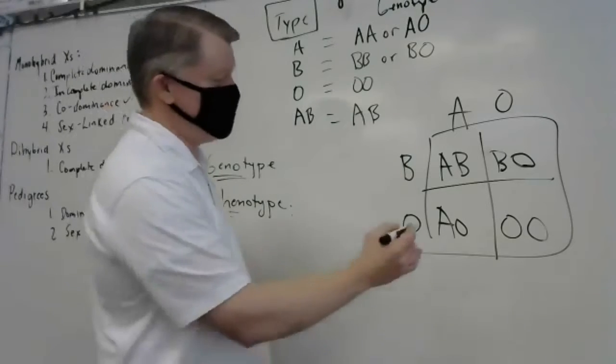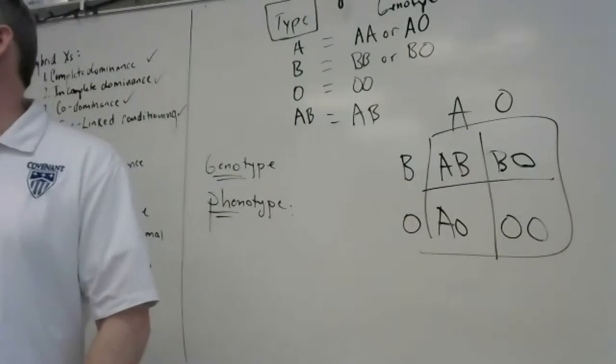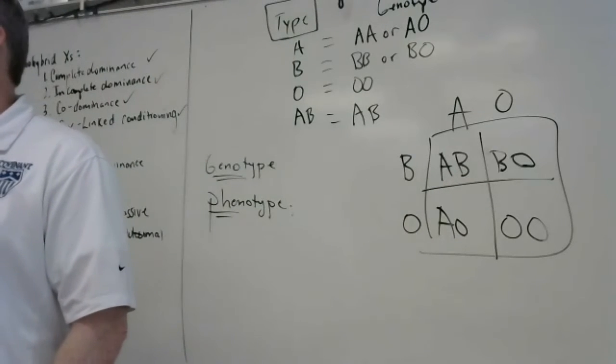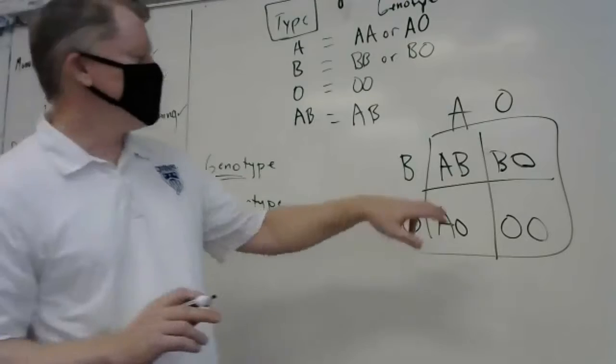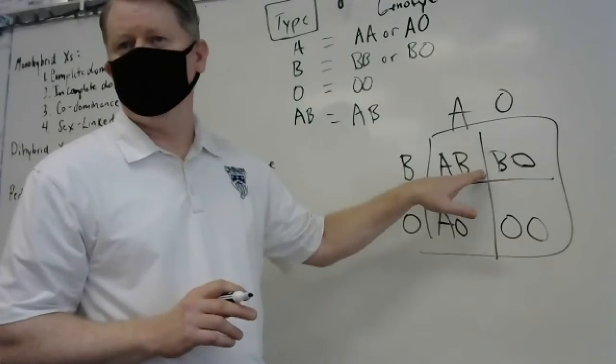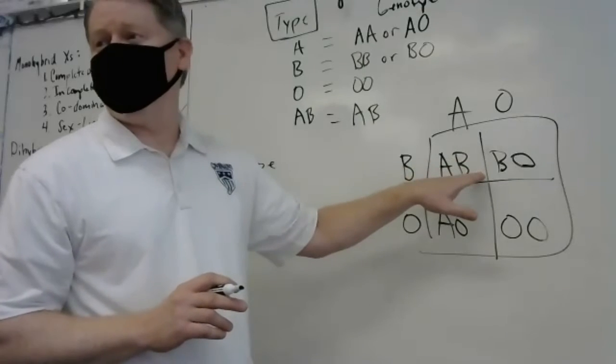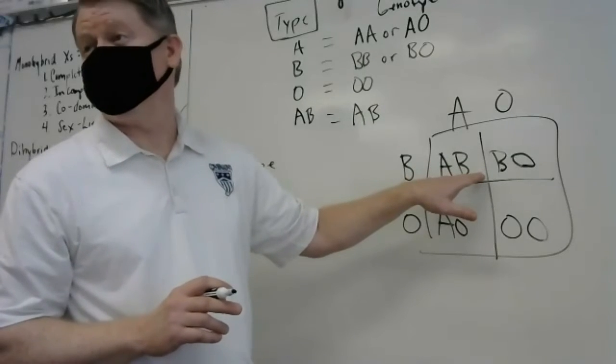It's not like, oh, our first child was AB, so that must mean that our next child could never be AB, right? That's not true. Every child has a 1/4 chance of having each of these types of blood. You could end up with a situation of having 4 children, and all 4 children have AB blood. That would be weird, but it could happen.